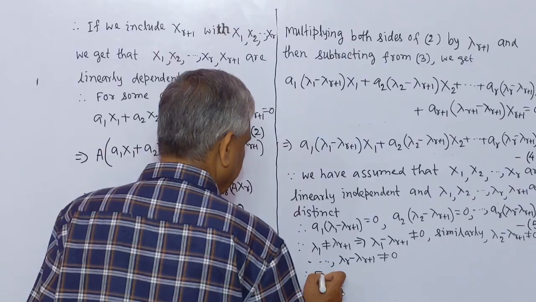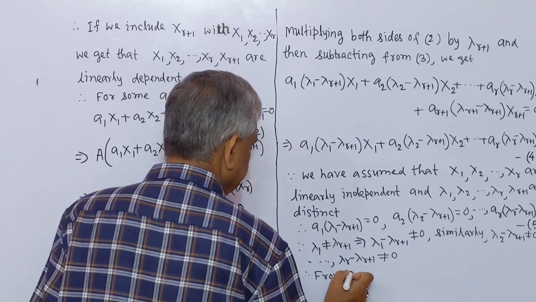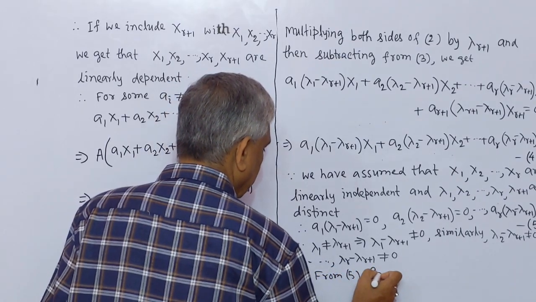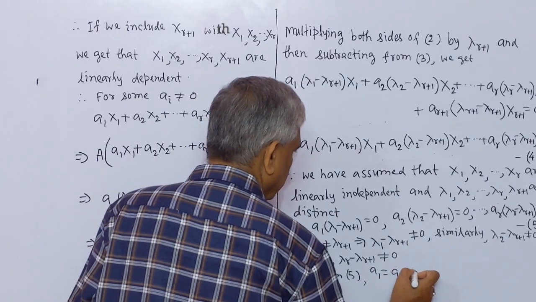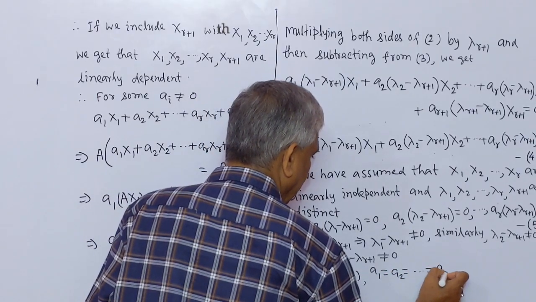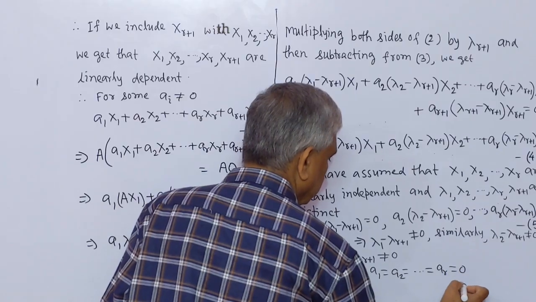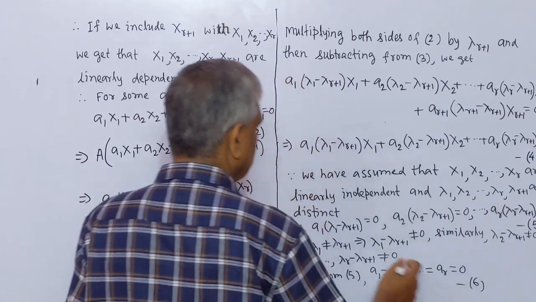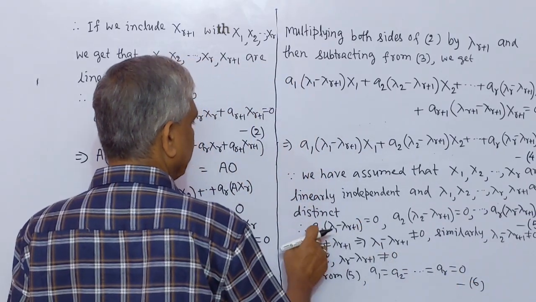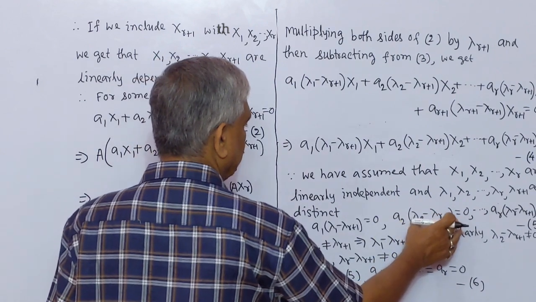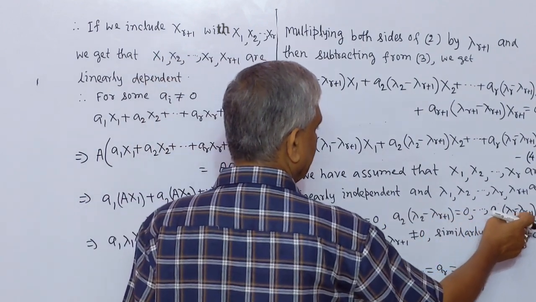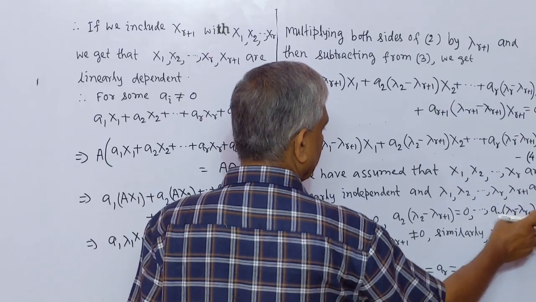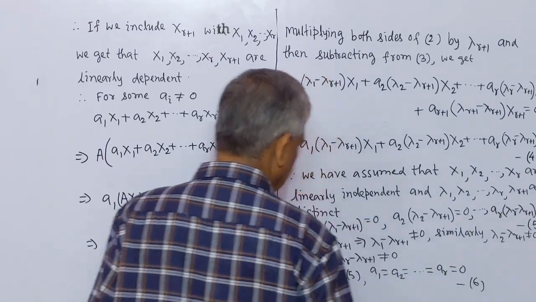Therefore, from 5, a1 = a2 = ... = ar = 0. This is number 6. This is not equal to 0 means a1 = 0. This is not equal to 0 means a2 = 0. And similarly, this is not equal to 0 means ar = 0.